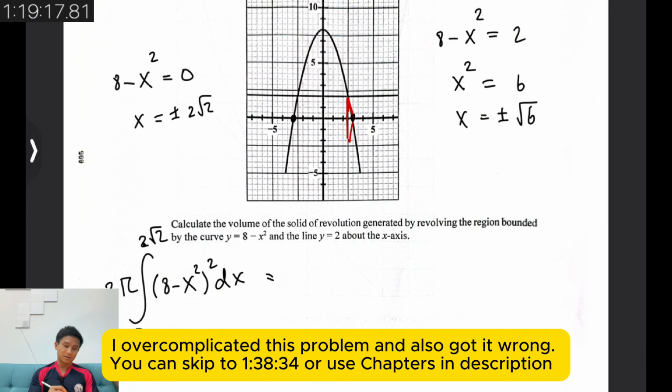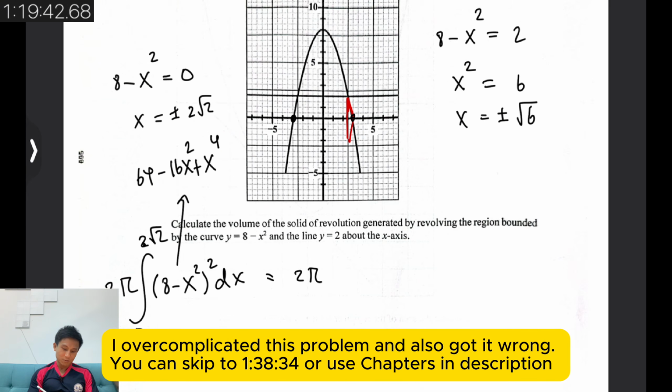But note that we only want this part to be revolved. It's like the UFO got cut in the middle, if you know what I mean. So that's going to be 2 pi, and then we integrate this. Basically, that is 64 minus 16x squared plus x to the 4.